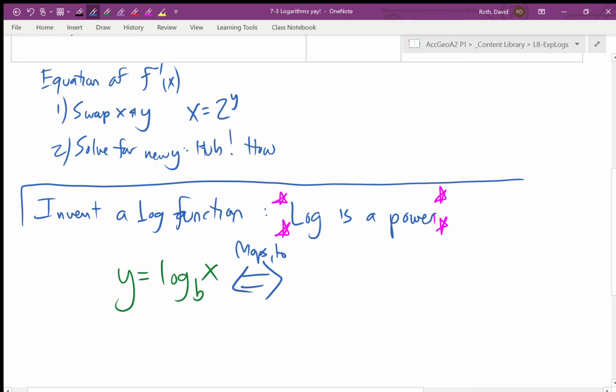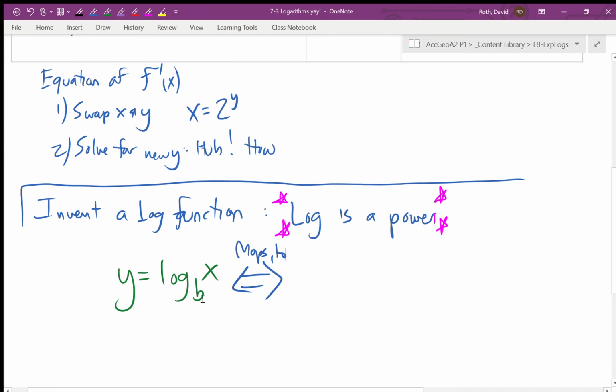Remember how it's an inverse function of an exponential? I want to look at this as the inverse of an exponential form, recognizing that the y is a power because a log is a power. The logarithm function yields me a power y. And I remember b is the base for my exponential form.